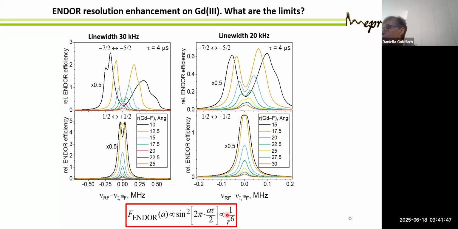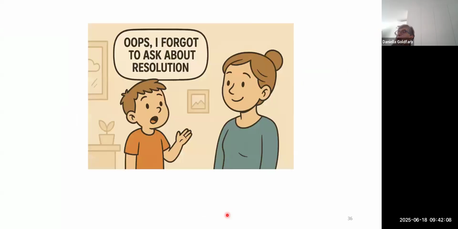There's a JACS paper they published that is very nice, so you can go and see this. We think that with our method, we can measure up to 20, push to 25. With their method, maybe 25 is easier, but I'm not sure. But you always try what you can.